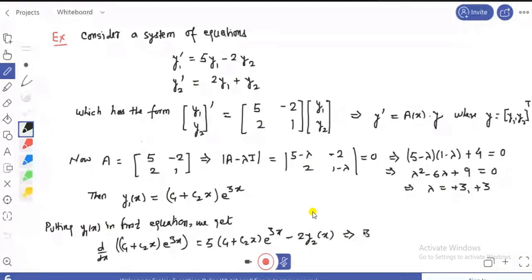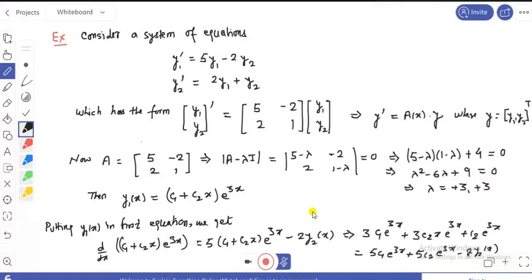So this is 3c1 e to the power 3x plus 3c2 x e to the power 3x plus c2 e to the power 3x, and that equals 5c1 e to the power 3x plus 5c2 x e to the power 3x minus 2 y2(x). Okay, so here we can solve this.